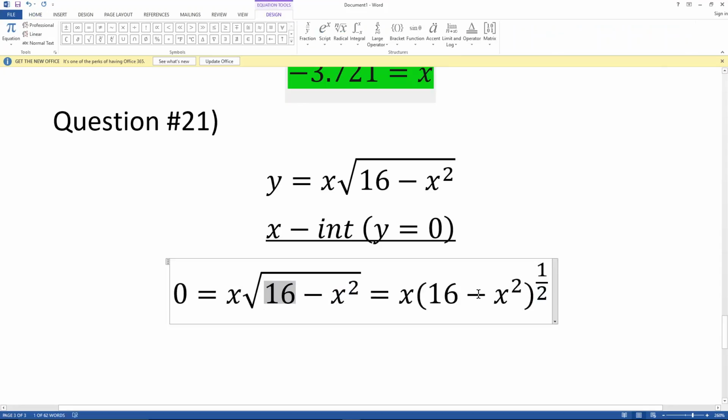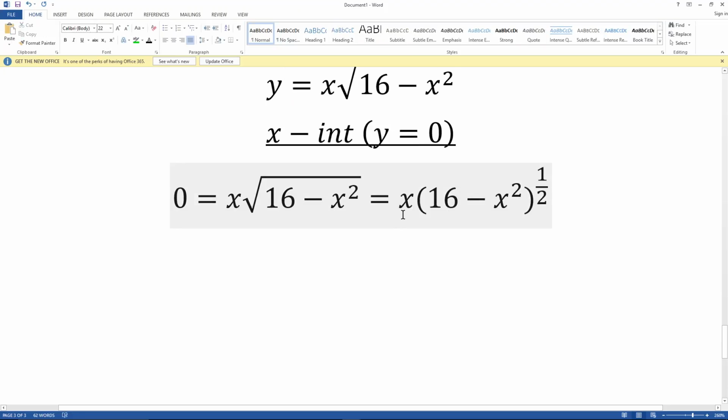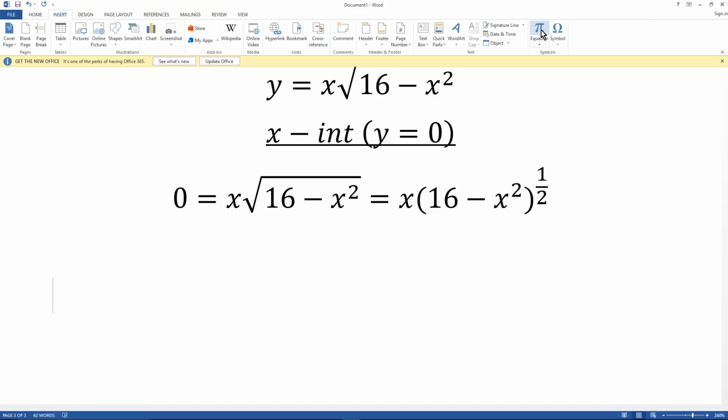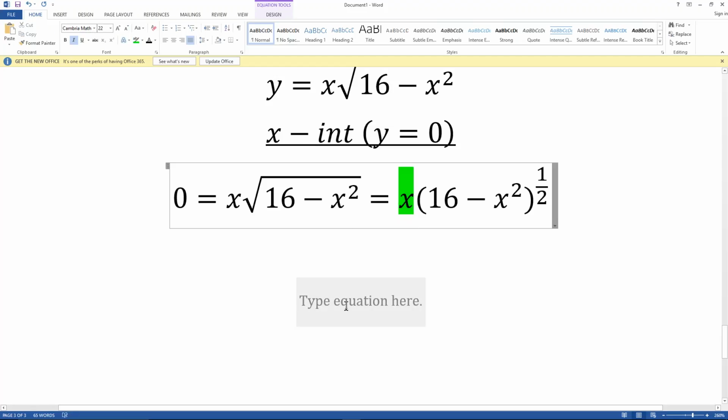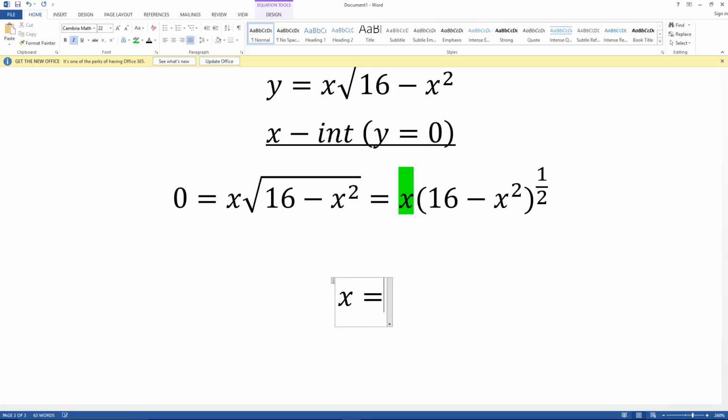Square root is the same thing as taking it to the 1/2 power. Do you remember when I kind of quickly went over that? Yes, sir. Okay. So now you can set each one of these equal to 0. So our first answer is going to be x equals 0.